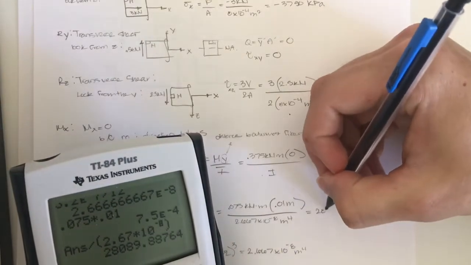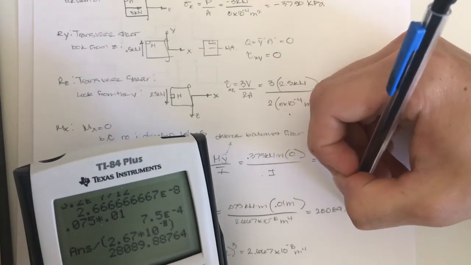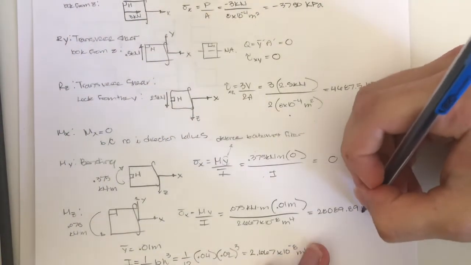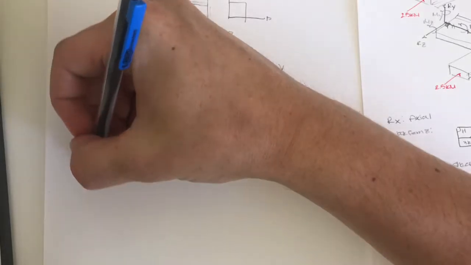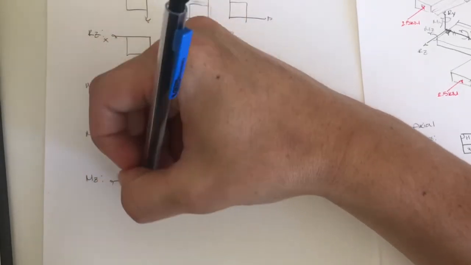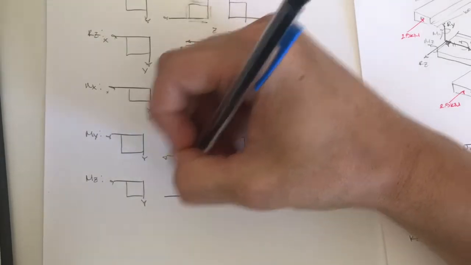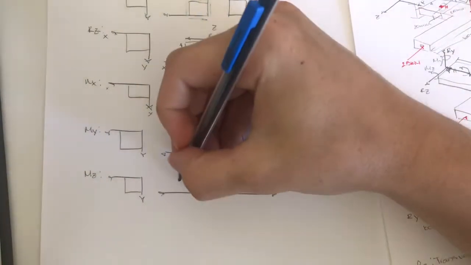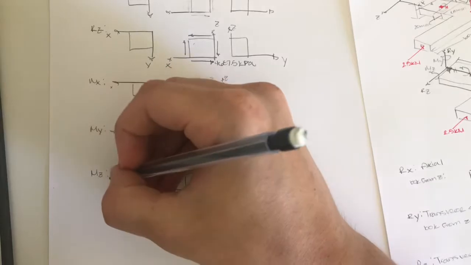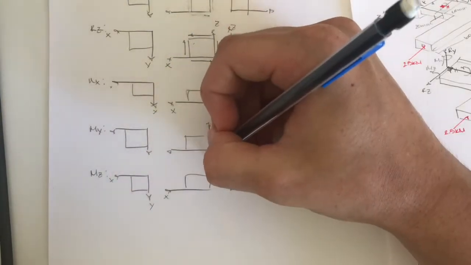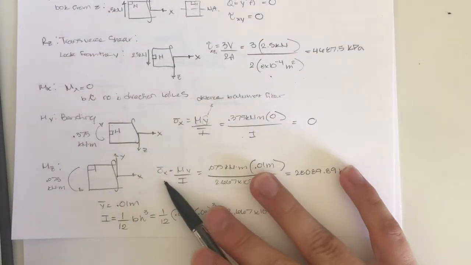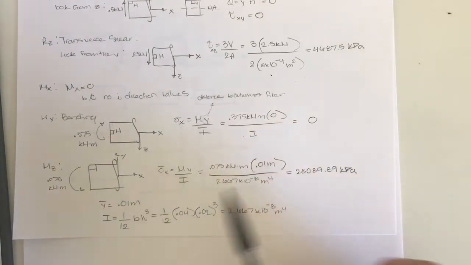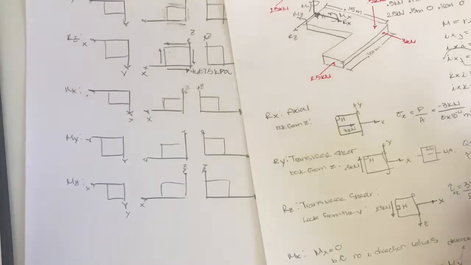So this gives 28,089.89 kilopascals. So on this moment in the Z stress block, we have in the x direction a stress of 28,089.89 kilopascals.